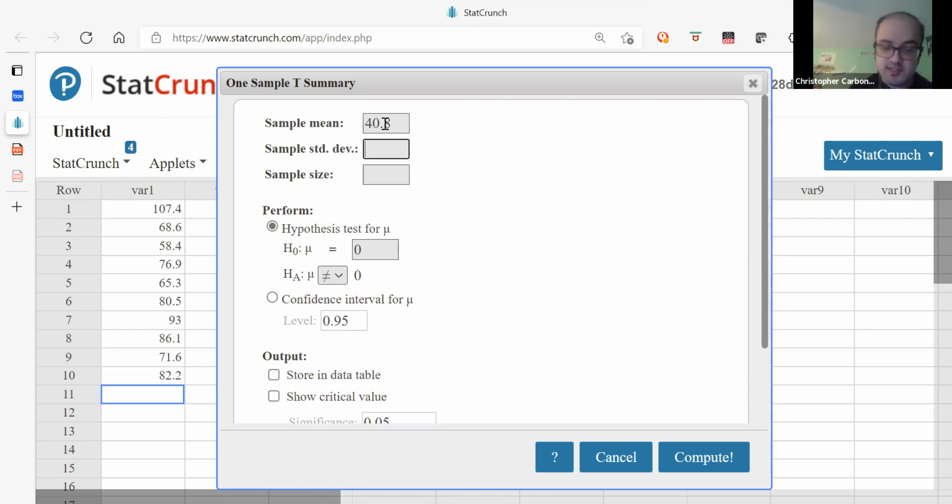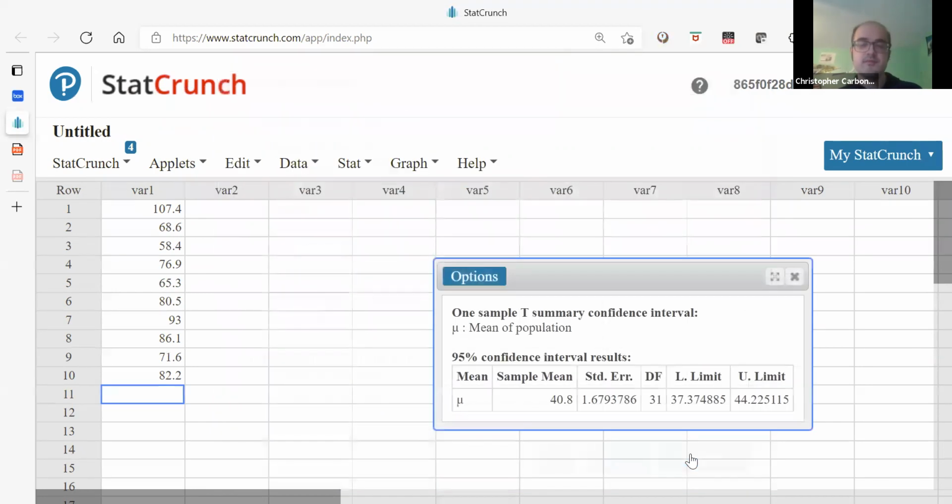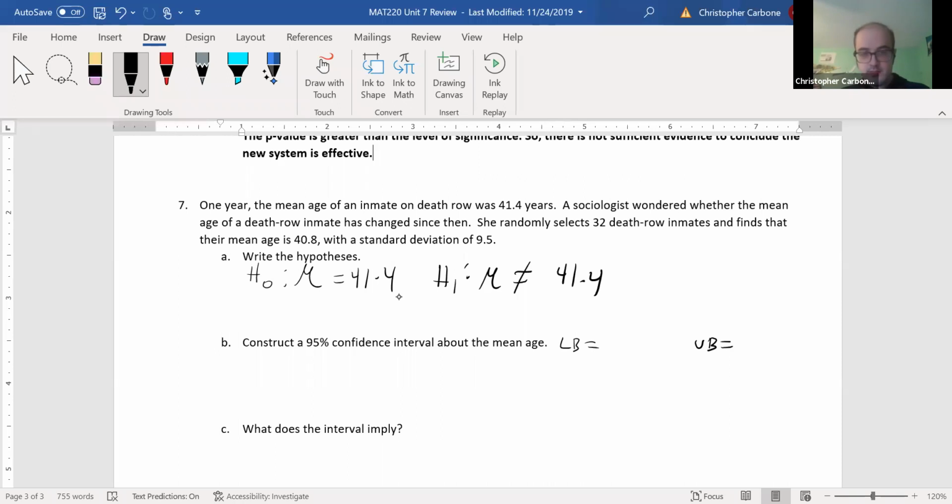Sample standard deviation was 9.5 years. Sample size was 32, which is good for our case. And we want the 95% confidence interval. That provides a lower limit or bound of 37.37 years and an upper bound of 44.23 years. Let me write those down. 37.37 and 44.23.